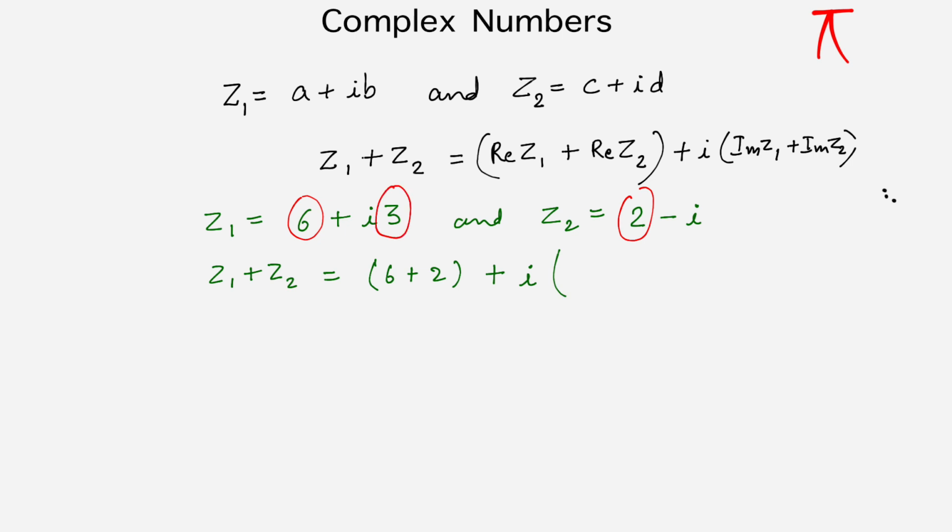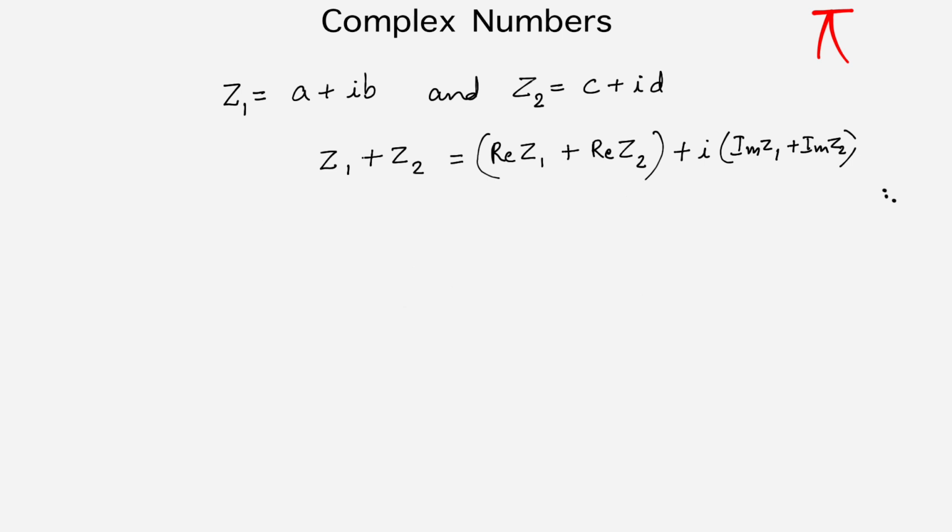So imaginary part is 3, and here minus 1 is hidden because you can see the minus sign. So it will become 3 minus 1. And what do we get? We get 6 plus 2, 8 plus iota, and 3 minus 1 is 2. So our Z1 plus Z2 is 8 plus i2.